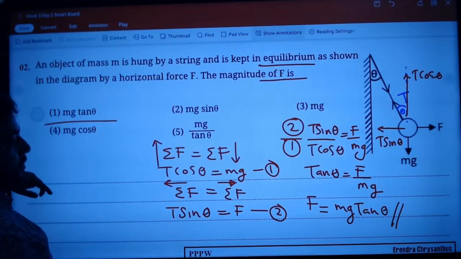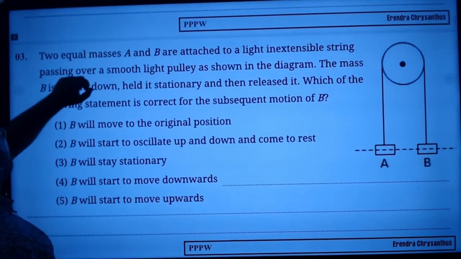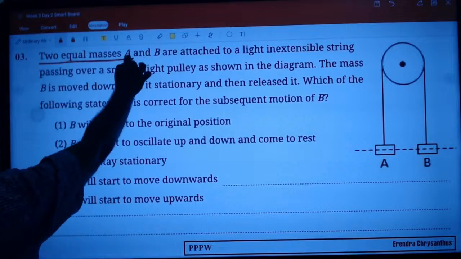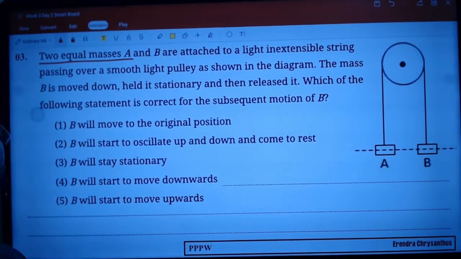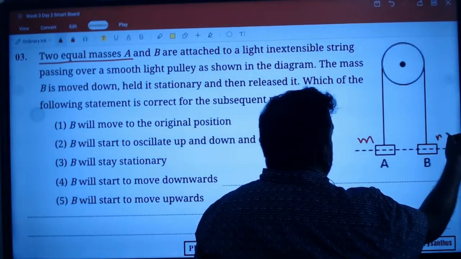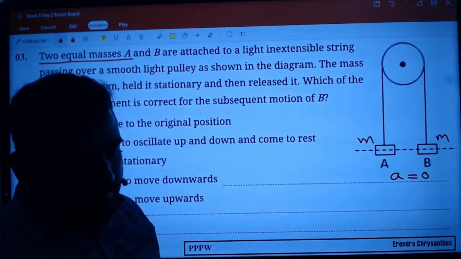Okay, now moving on. Two equal masses A and B are attached by a light string. The mass B is moved down, held stationary, then released. Now, if the masses are the same, remember the resultant acceleration will be 0.